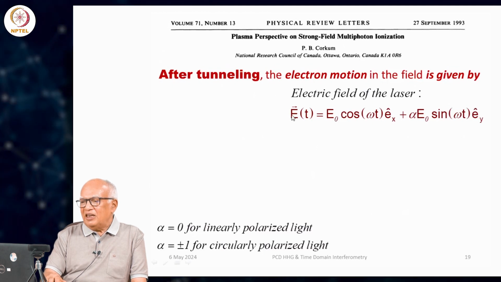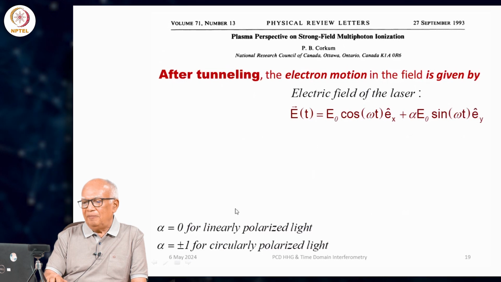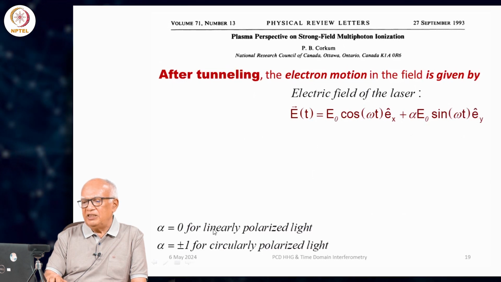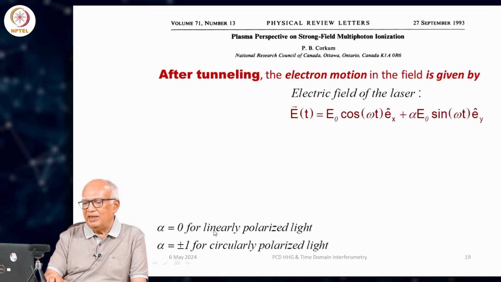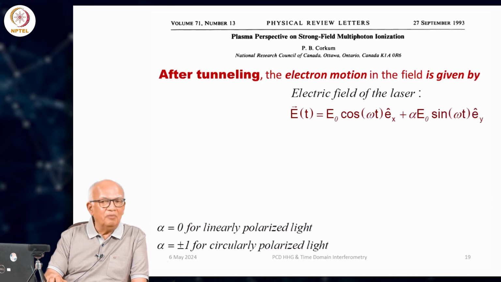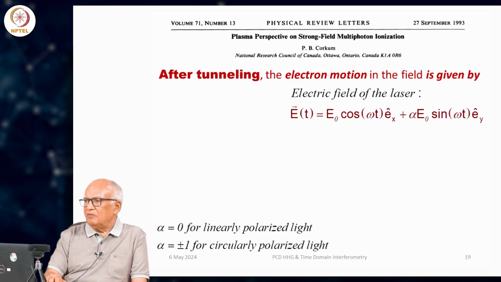So, let us say the electric field of the laser is represented by this vector. Alpha is a measure of the polarization state. So, it is 0 for linearly polarized light and plus or minus 1 for circularly polarized light, and you can develop the formalism for different states.